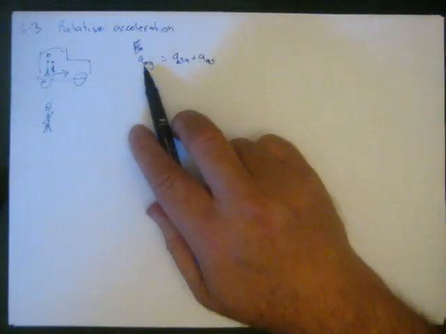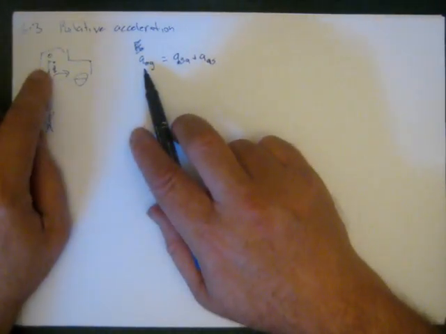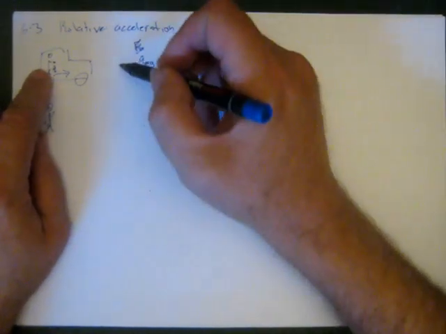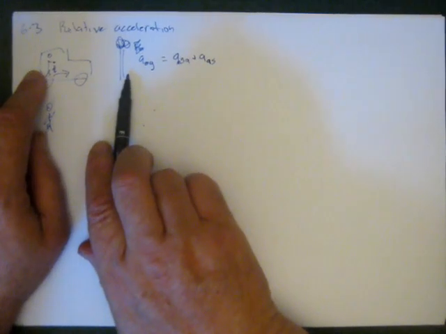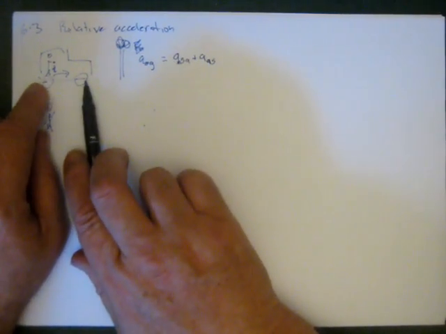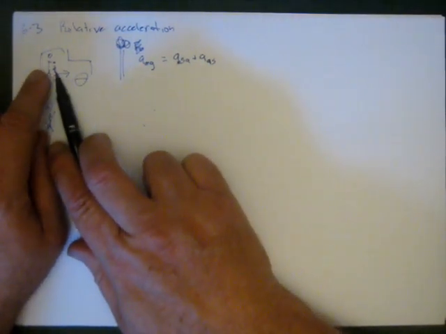So we'll put a tree in here to represent the ground. So the acceleration of me compared to that tree is going to equal the acceleration of the van plus the acceleration of me. Now hopefully that seems reasonable.